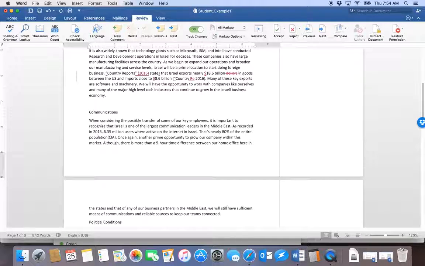Well, actually, we don't even need that because we said country reports at the beginning, so we already have this source in the sentence, and we don't need it there. Many of these key exports are software and machinery. We will have the opportunity to work with companies like ourselves and many of the high-level tech industries that continue to grow in the Israeli business economy.